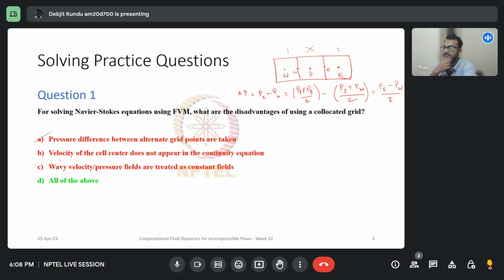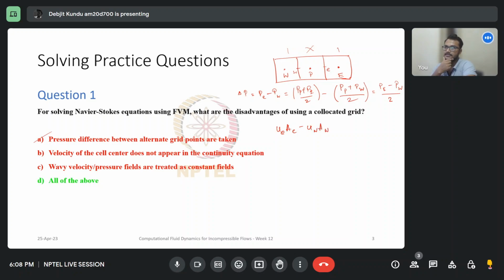Now, option B says that the velocity of the cell center does not appear in the continuity equation. So, in 1D, if I try to satisfy the continuity equation after integrating it, we will have something like UE AE minus UW AW.